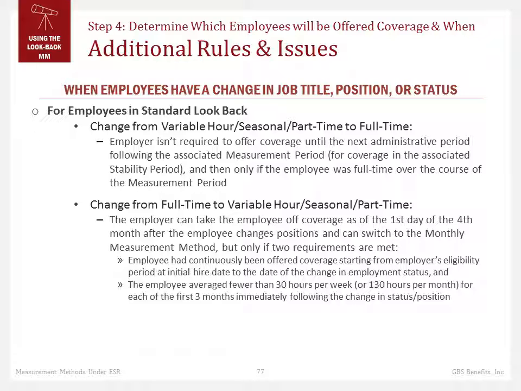In other words, say their change of status happened at the end of October. So November they have to be under 130 hours, December they have to be under 130 hours, and January they have to be under 130 hours. And if that's the case, then February 1 you could have them off coverage.